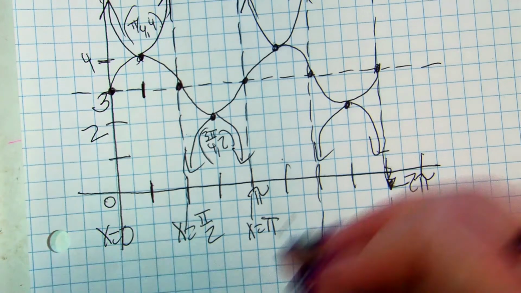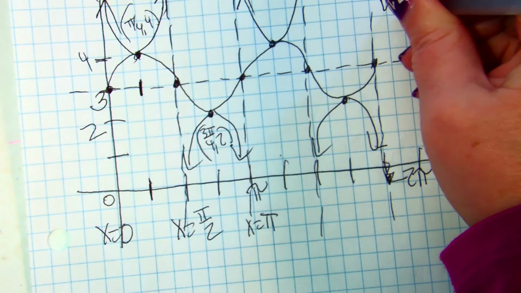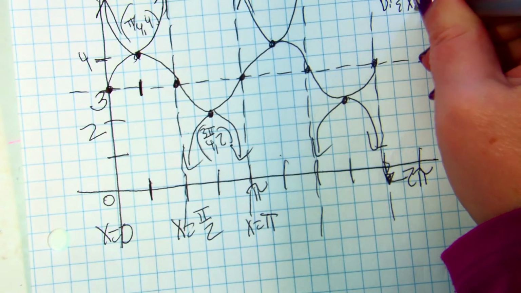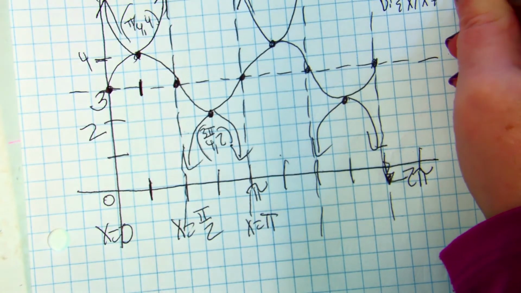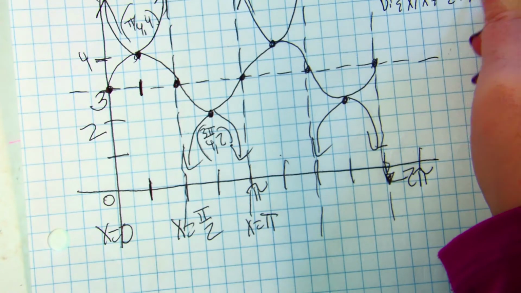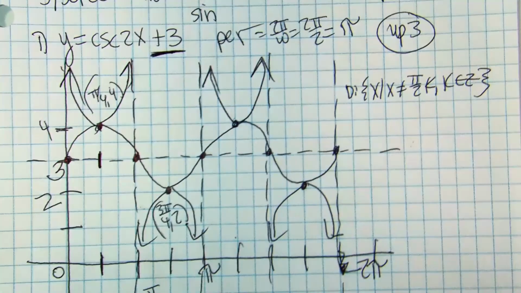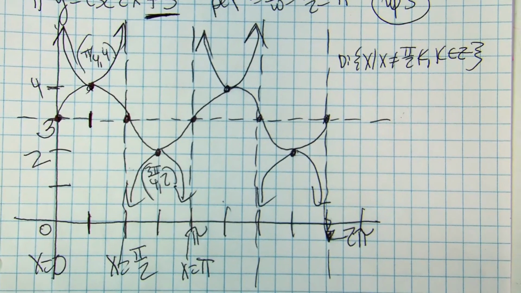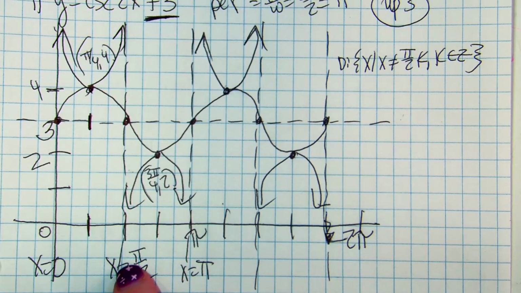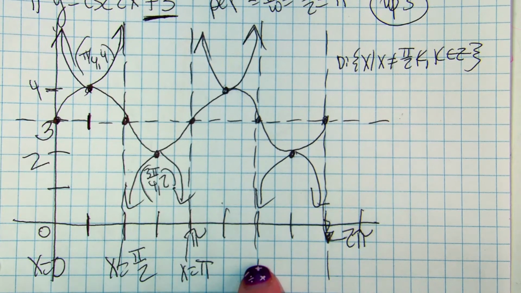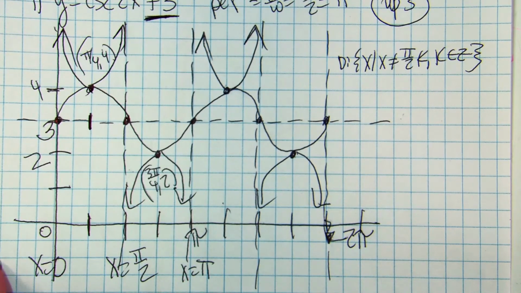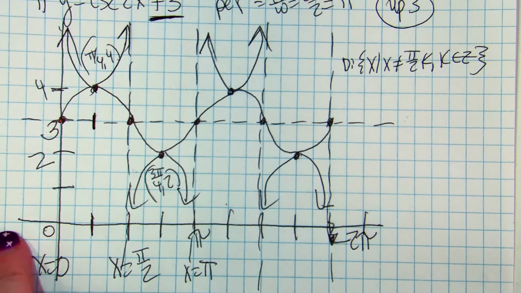And the domain: x such that x is not equal to pi over 2 k, where k is an element of the integers. Every pi over 2: 1 pi over 2, 2 pi over 2, 3 pi over 2, 4 pi over 2, negative pi over 2 would be over here on this side.